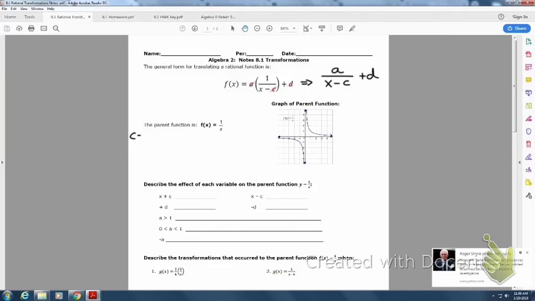Right here, I want you to put that the C value moves the vertical asymptote. Now you spell that as ASYMPTOTE.